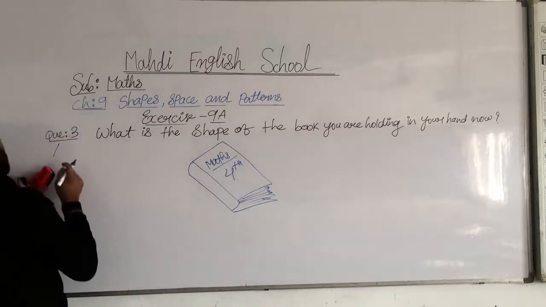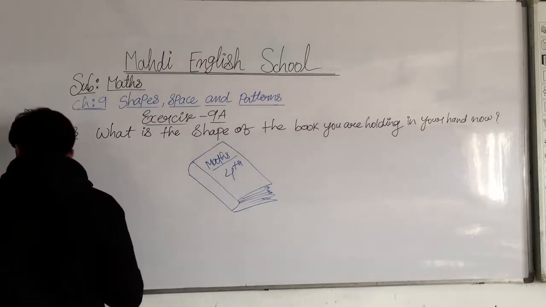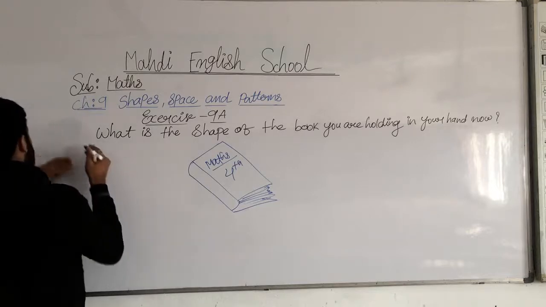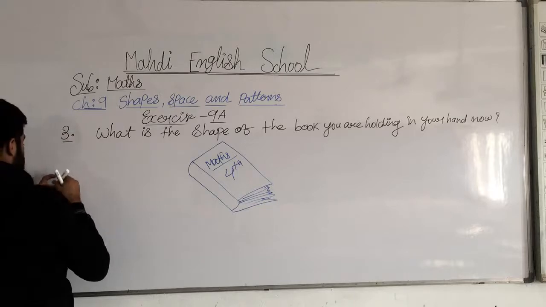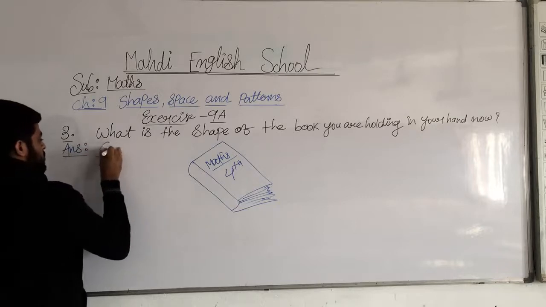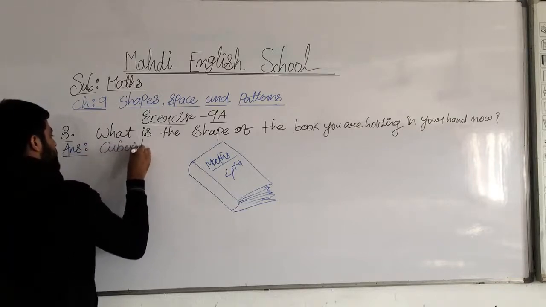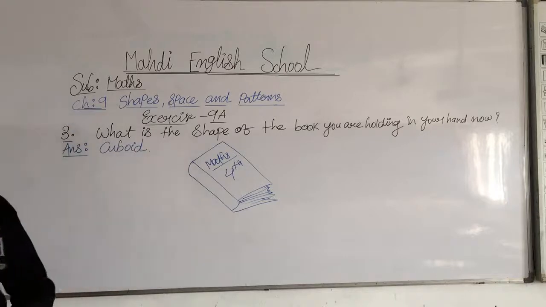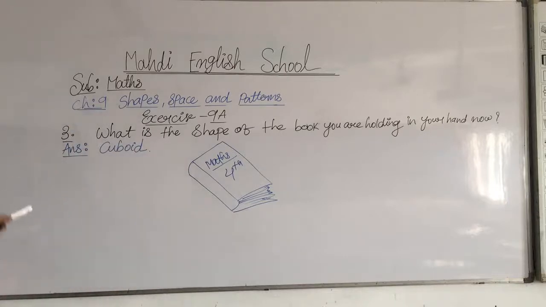So we are going to mention here the answer: cuboid. We only mention it, no need to draw this figure because it is just knowledge. So now we note down the question and answer. The shape of the book is cuboid shape. We are holding a book of cuboid shape.